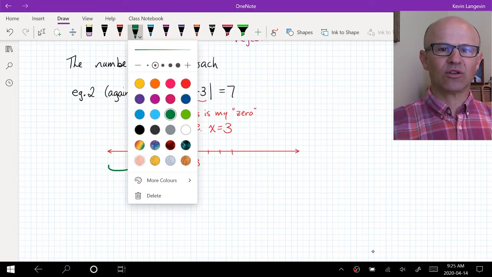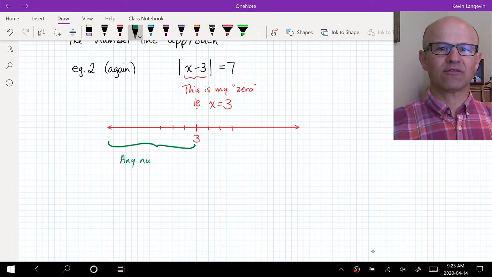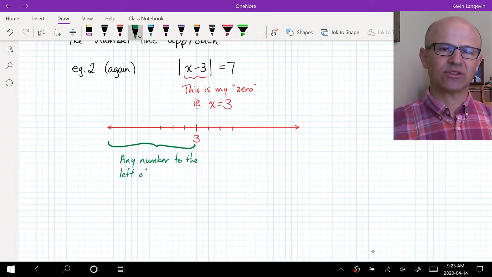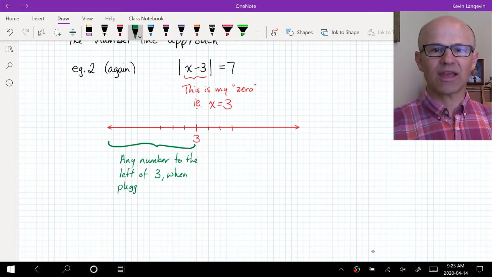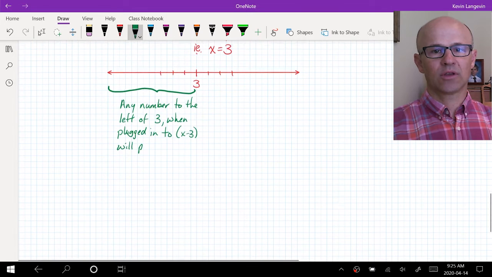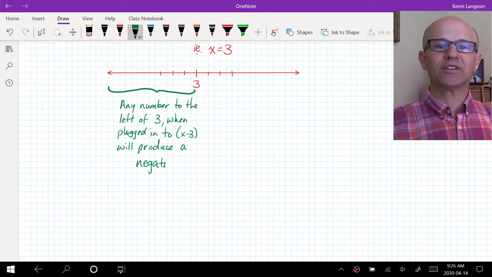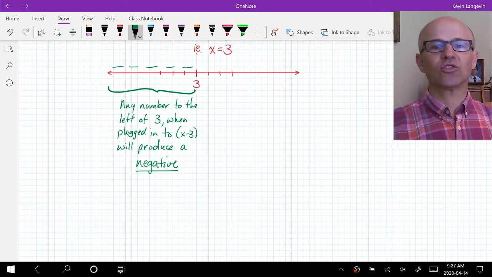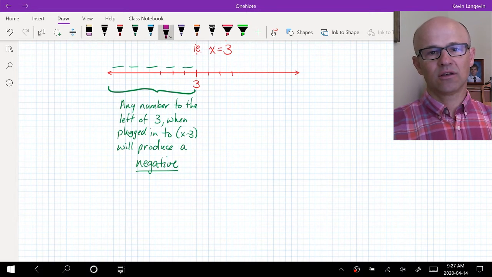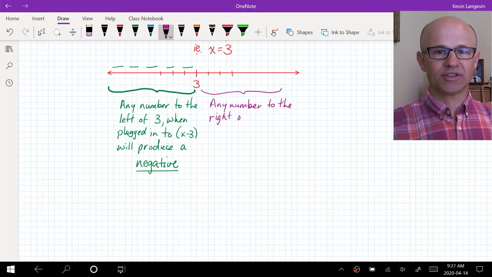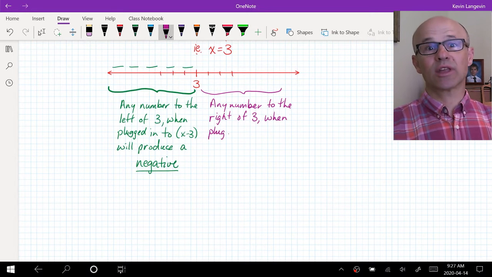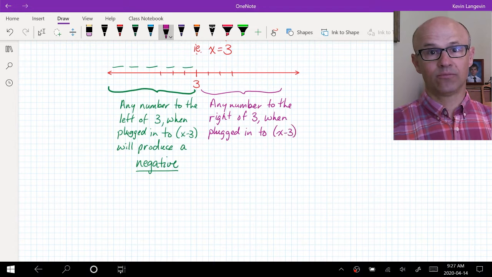When I do, I notice that anything that I plug in from the left of 3 to that absolute value equation will make the piece inside the absolute value negative. Whereas any number I plug in to the right of the 3 ends up making the piece inside a positive. So effectively, this is where we're getting our two cases from.